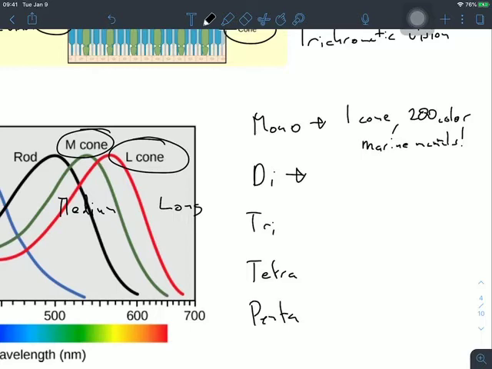Organisms with dichromatic vision have 2 types of cones and can perceive something like 40,000 different colors. Now, most terrestrial mammals that are not primates have dichromatic vision, as well as colorblind primates, including that of my siblings.